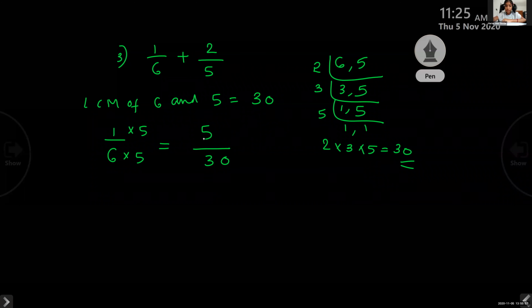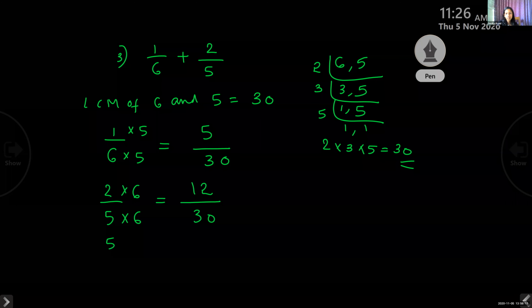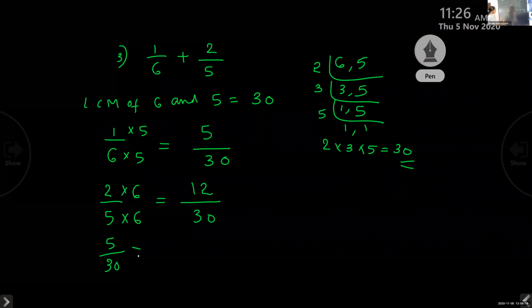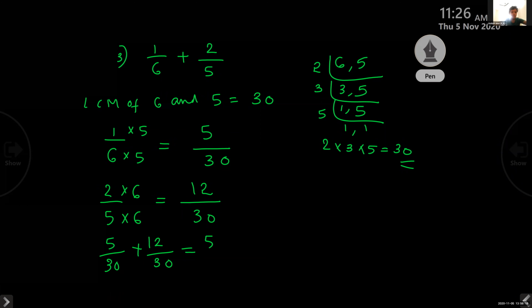To make it 30, 5 into 6, and 2 into 6, so 12 by 30. Now write 5 by 30 plus 12 by 30. The answer is 17 by 30.